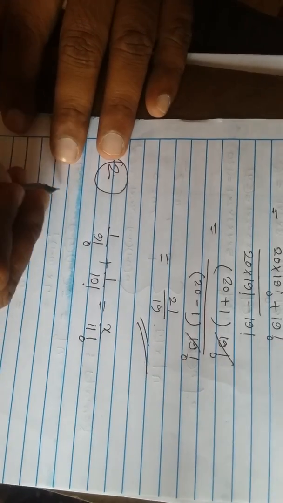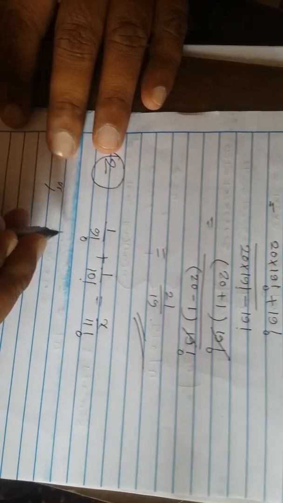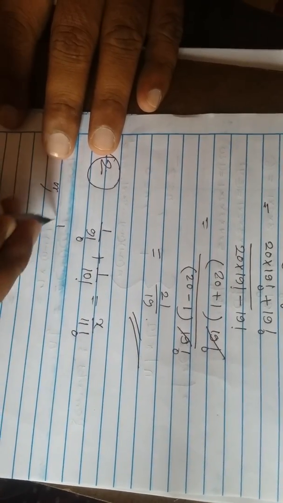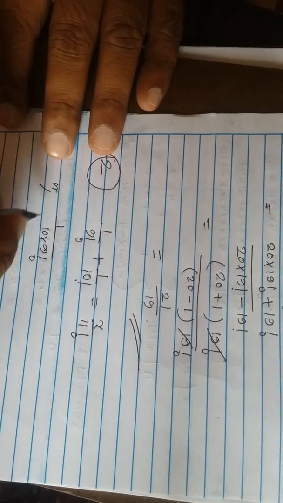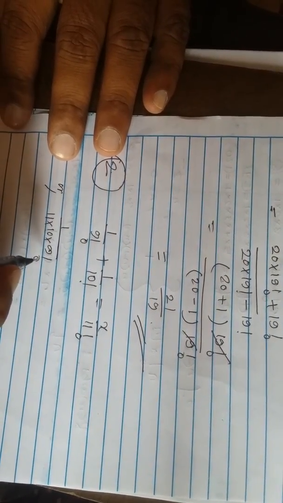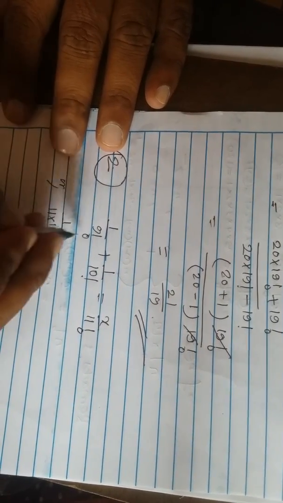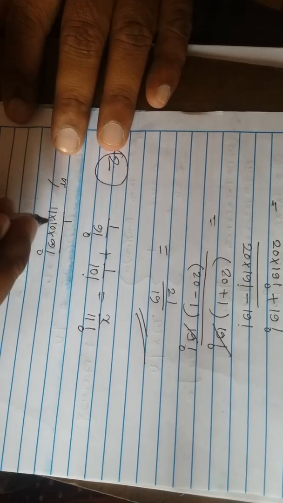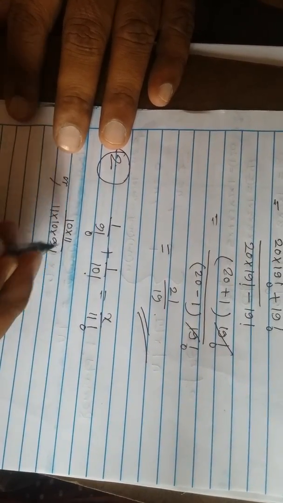How can you do so? You can simply think here, it is 9 factorial. If you multiply this 9 factorial by 10, then it will be 10 factorial, and even by 11, then it will be 11 factorial. So to make this 9 factorial the 11 factorial, I have multiplied the denominator by 10 multiply 11. To balance it, we will have to multiply the numerator also by 10 multiply 11.